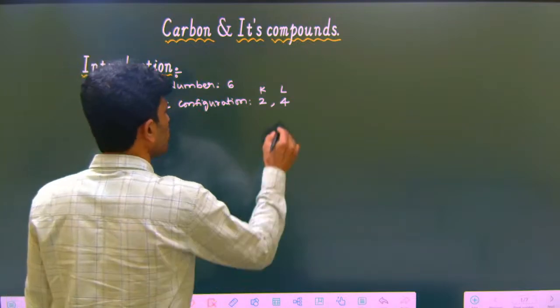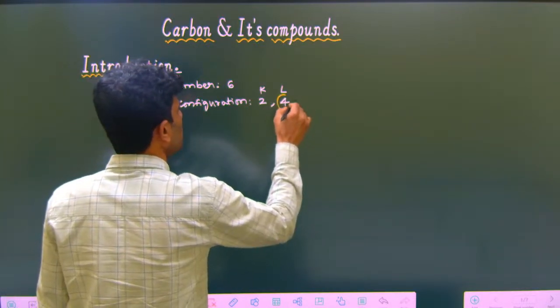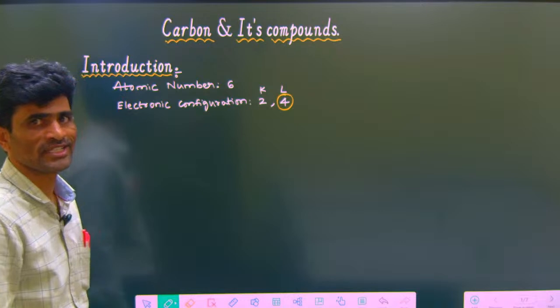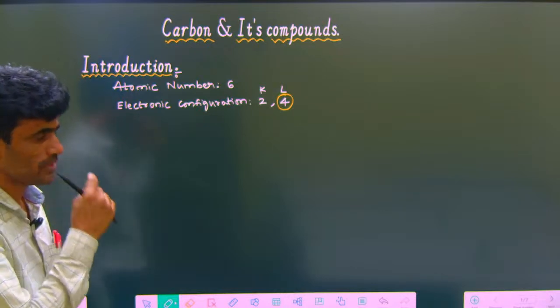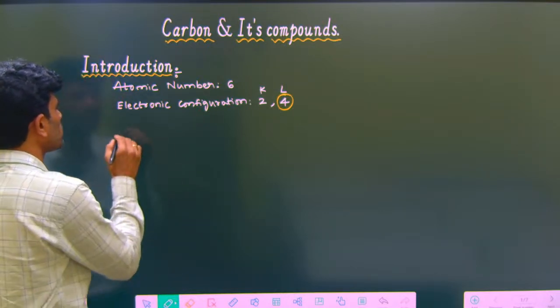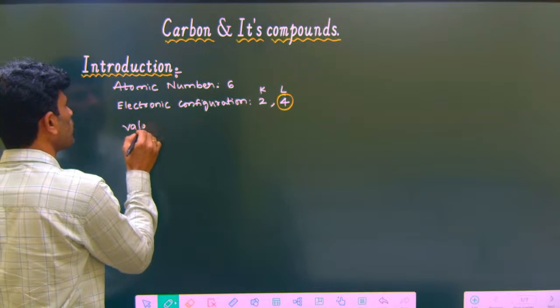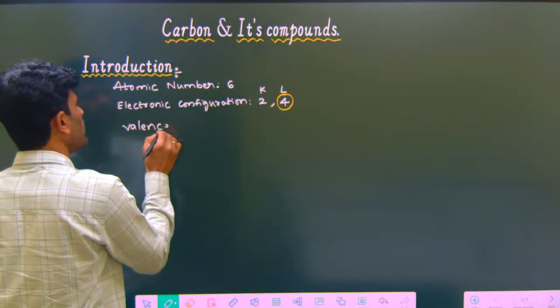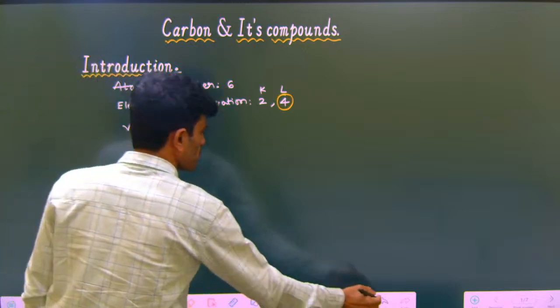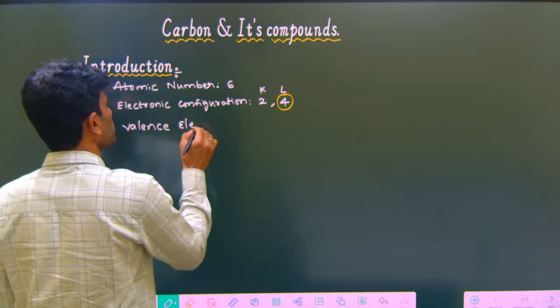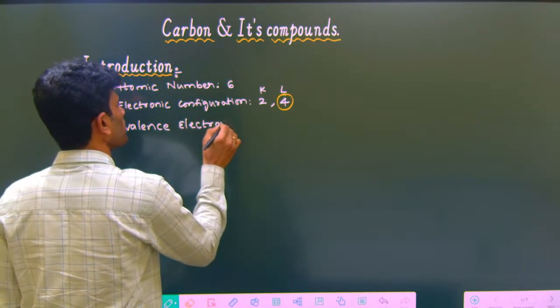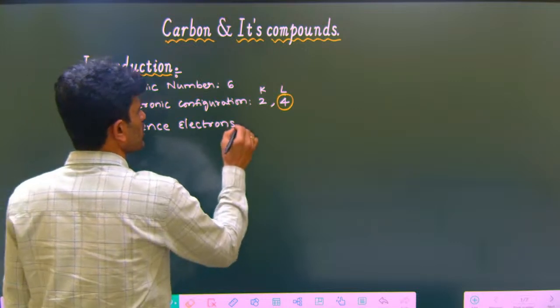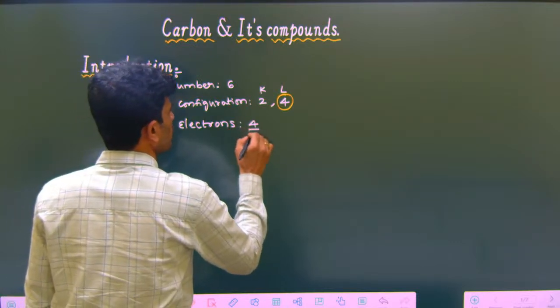So here the outermost shell is L and the number of electrons in its outermost shell is 4. That means how many valence electrons are there? The valence electrons of carbon is 4.